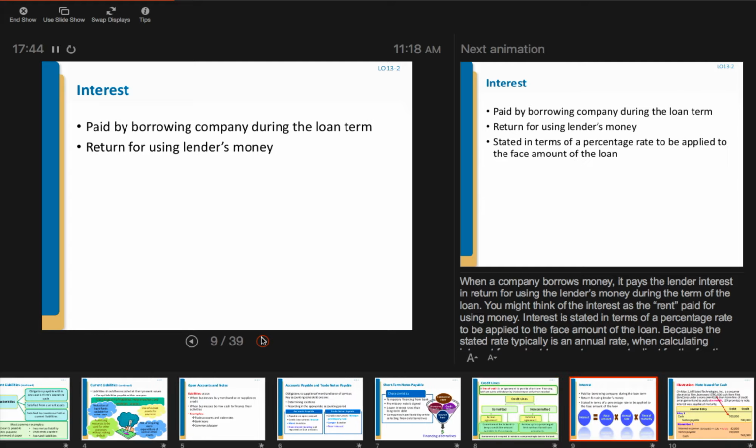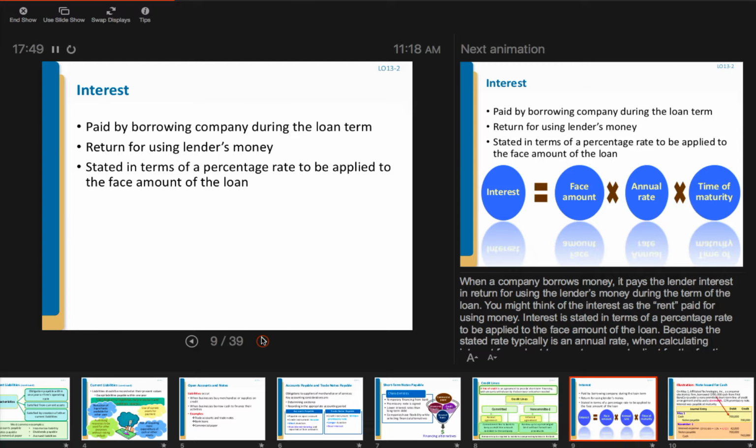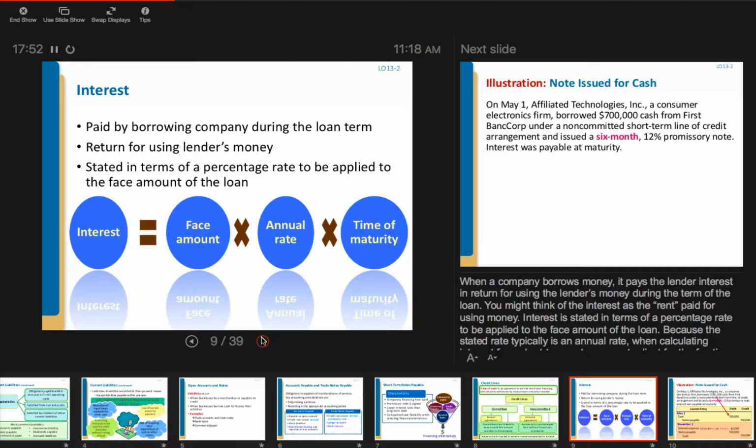Let's see. You know what interest is, I hope. Calculating interest should be old hat by now, but again, I will remind you that the most common mistake in accounting classes and on the CPA exam, in anything that has to do with interest rate calculations, is that they give you an annual rate, and you will never have a period in terms of full years.